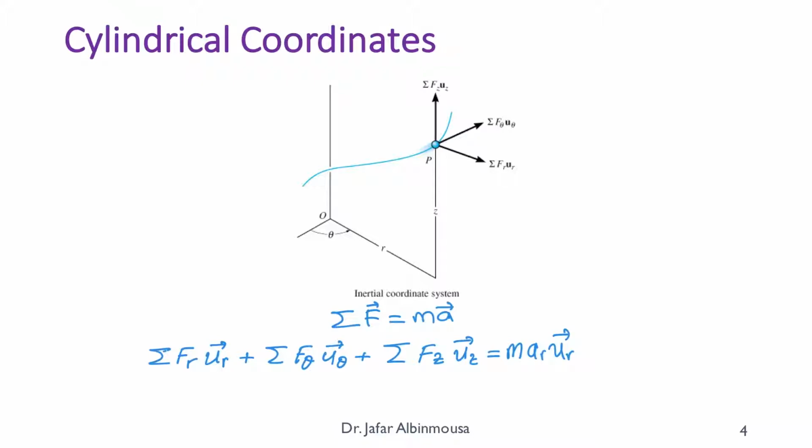Of course the mass is a scalar, but if we write down the acceleration as a scalar, then we need to put the unit vectors, like UR and then U theta and UZ. So this is M A theta, that's U theta, plus M AZ UZ.